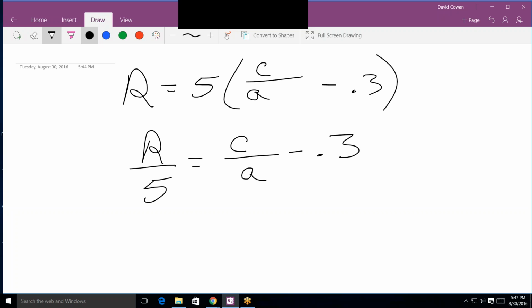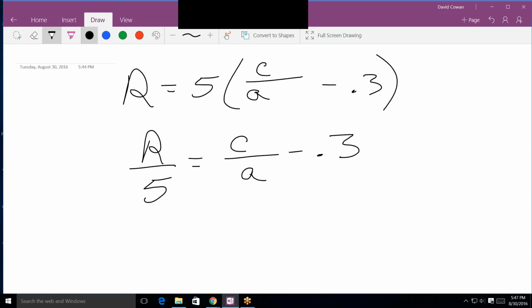If I were to distribute it first, then I would have a 5c over a minus 1.5. In other words, I would already have a different fraction. So it's easier to treat that multiplier by getting rid of it immediately.